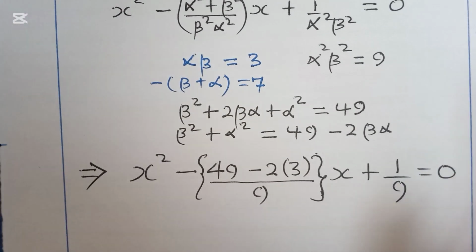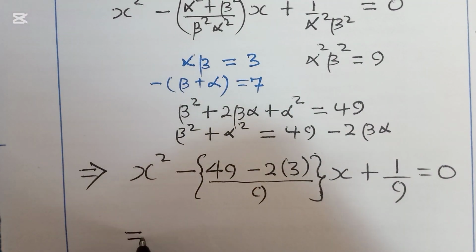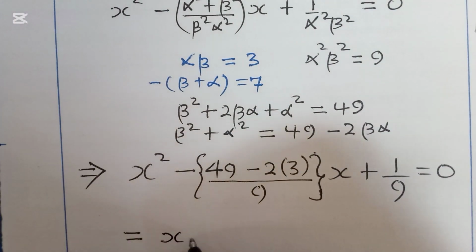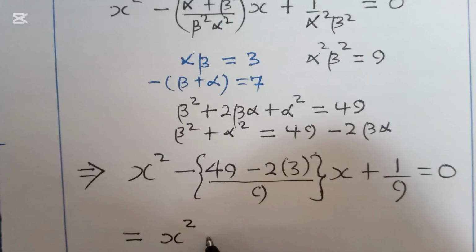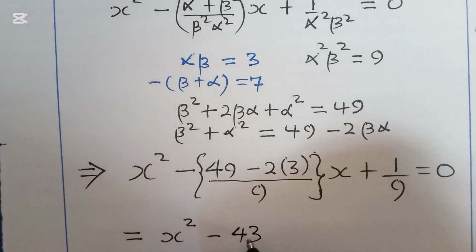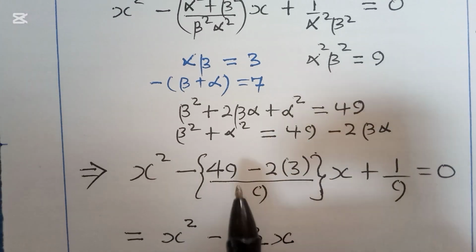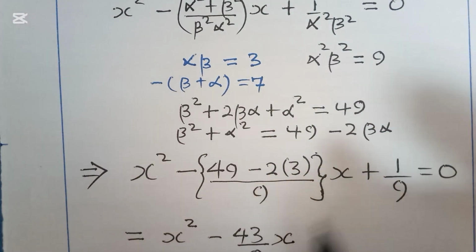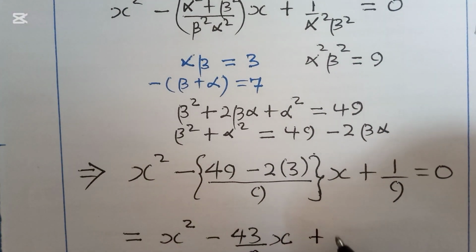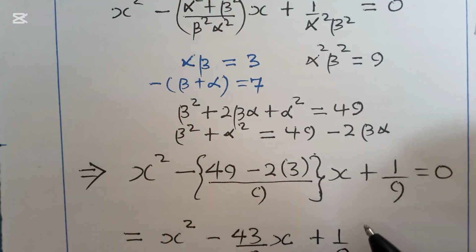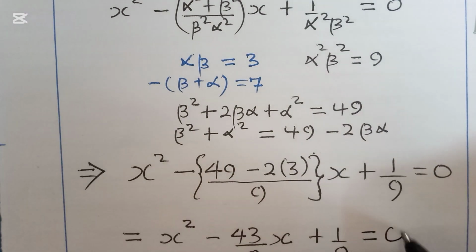And so therefore, guys, this is then the equation formed by those two roots. Guys, this is our equation. 49 minus 6 is 43, plus 1 all over 9 equals 0.